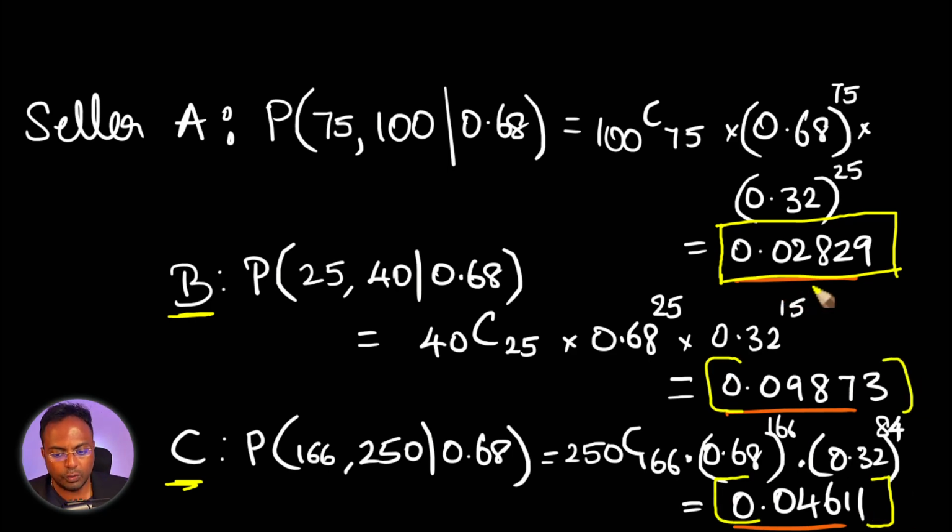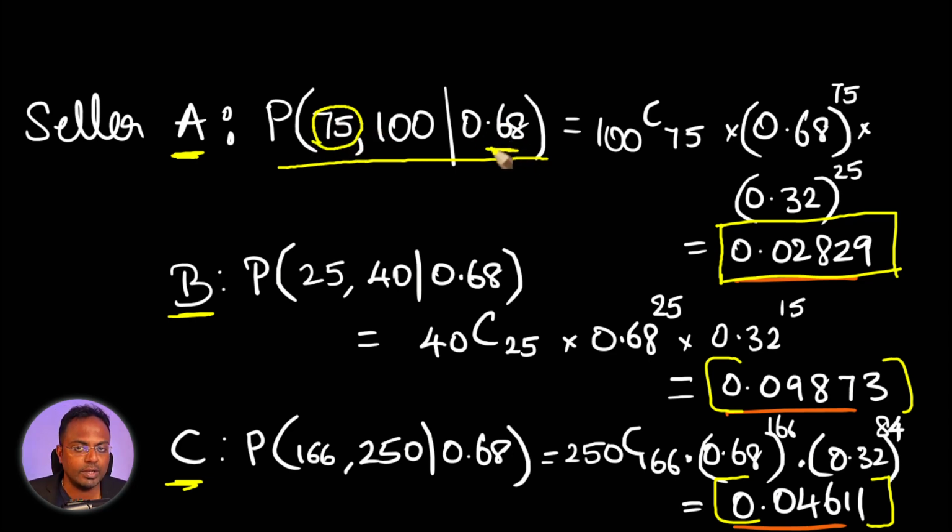So what do we conclude from this? The probability of observing 75 positive ratings for seller A, when the average probability of success stands at 0.68, is what we are looking at. If the average success probability is 0.68, out of 100 reviews I would expect 68 positive reviews.